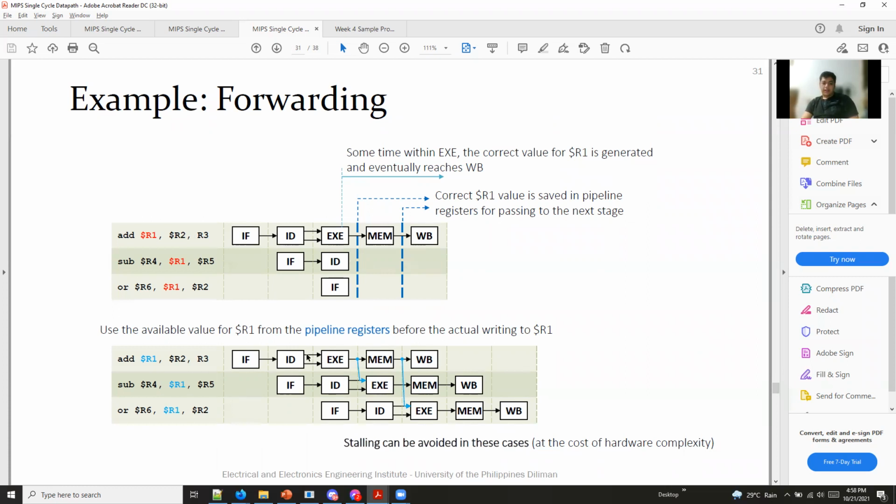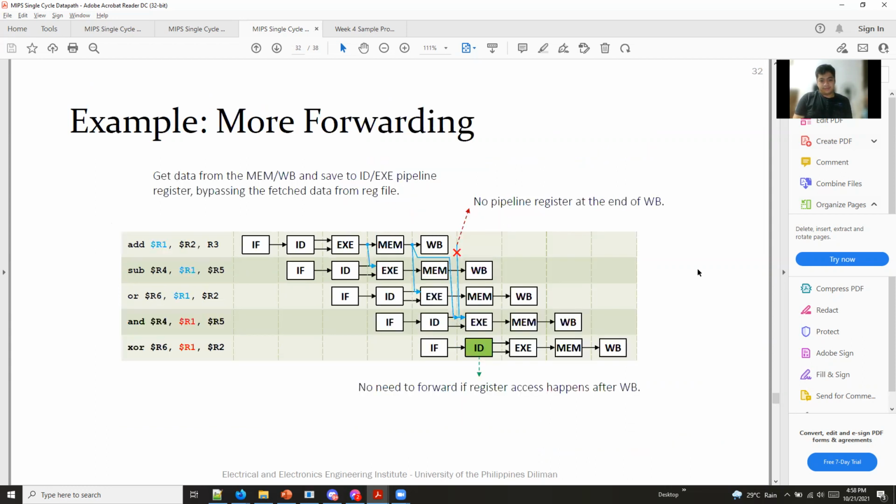So, basically, hindi pa tapos si instruction 1, pero may sagot ka na dun sa result niya. Hindi mo pa nasusulat sa register, pero pwede mo nang gamitin dun sa susunod na operation. So, usually, naglalagay ng forwarding path between yung naunang stage doon between sa ID/EX or sa between sa mem and write back.